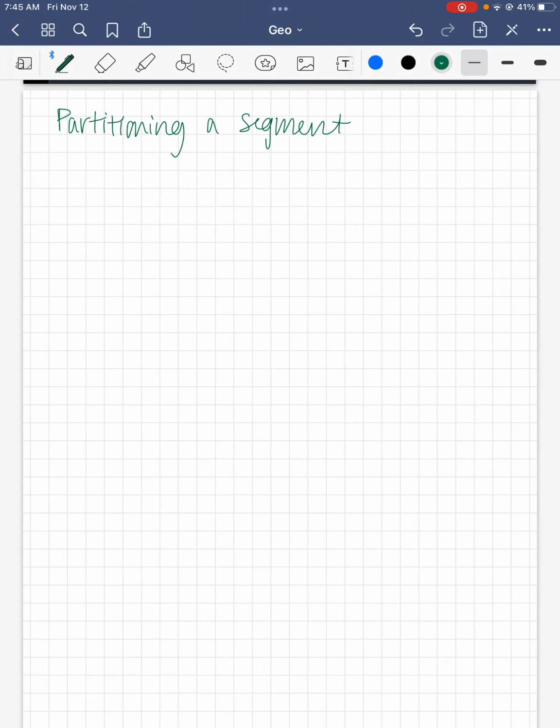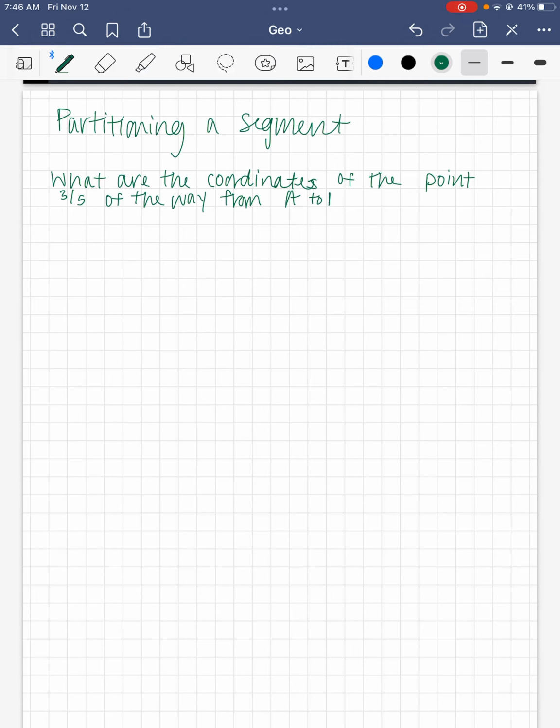Okay, and our question here is, what are the coordinates of the point 3/5 of the way from A to B?